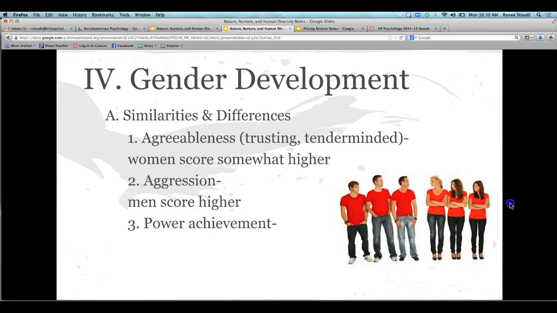Men actually do score higher on power achievement, and they have more of a drive to have more power in things, whether that be their job or their relationship or whatever. But women are not too far behind them. Women also work to try and have more power in their relationships.